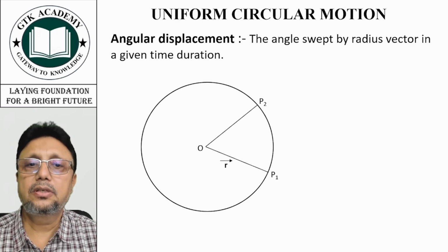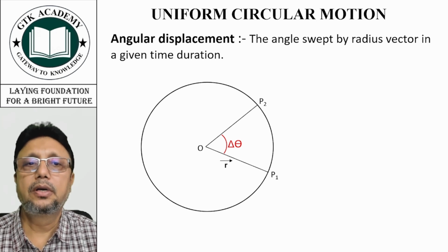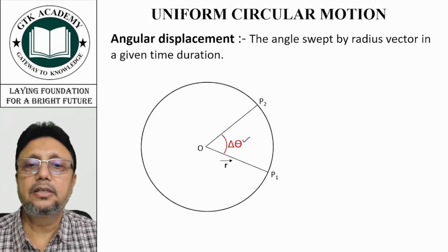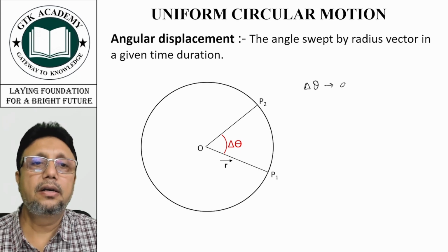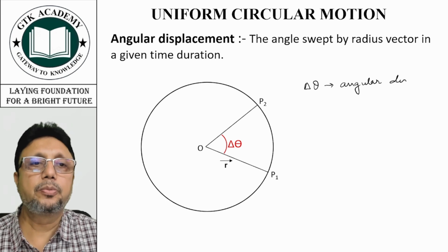So in this period from P1 to P2, it has rotated by an angle delta theta, or we can say the radius vector has swept an angle delta theta. Now delta theta is called angular displacement.